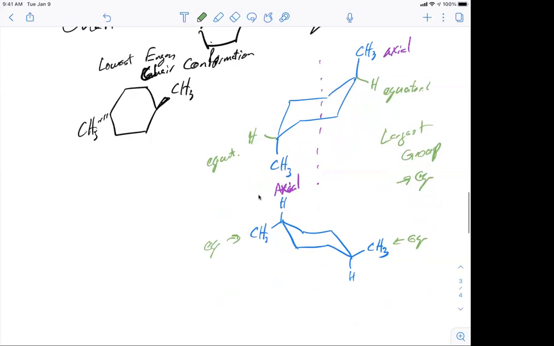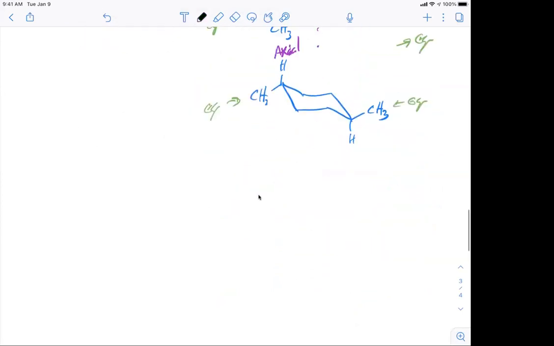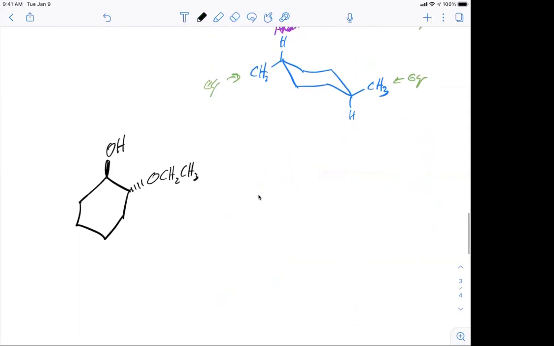Let's try a couple more of these. Draw the most stable chair conformation.